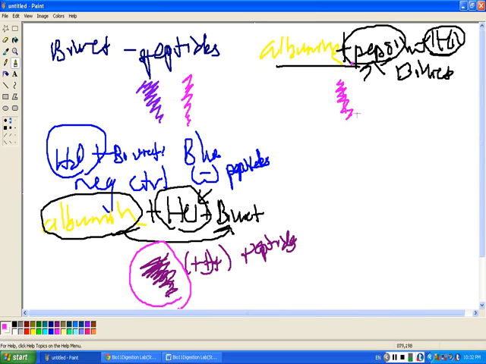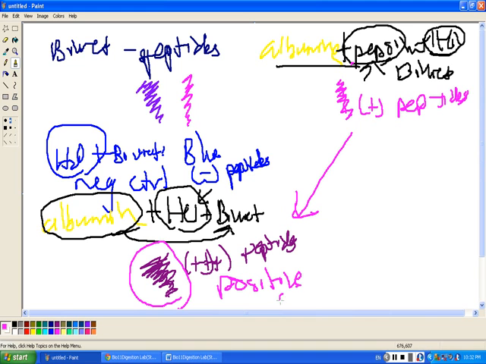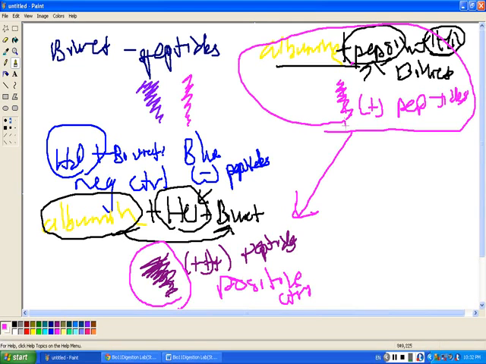So here we are positive for peptides, but not as much as the previous one, the positive control. This one was our experimental one.